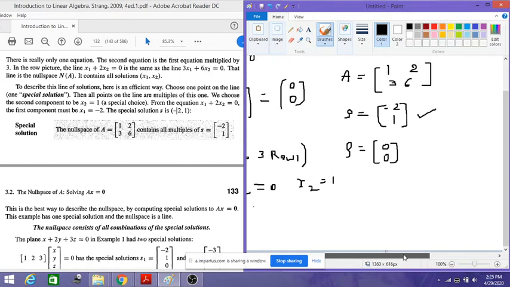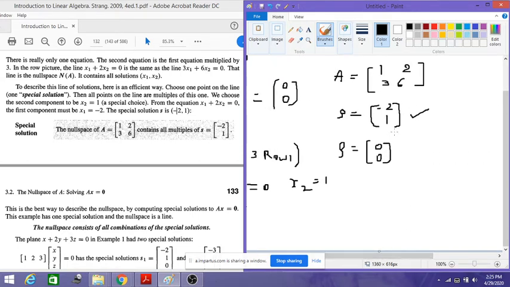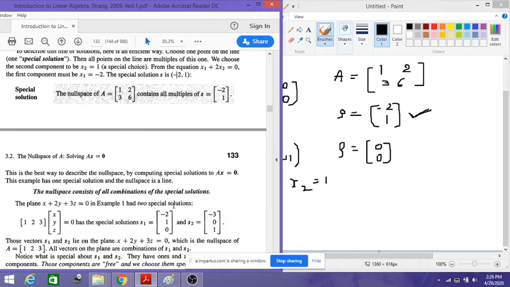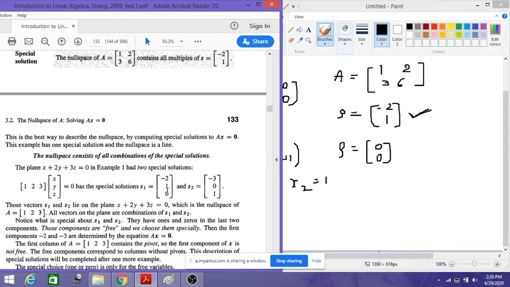Then we can find a special solution, that is minus 2 and 1. So now the null space consists of this S, which is equal to minus 2 and 1. So the best way to describe the null space is by computing the special solutions to Ax equal to 0.